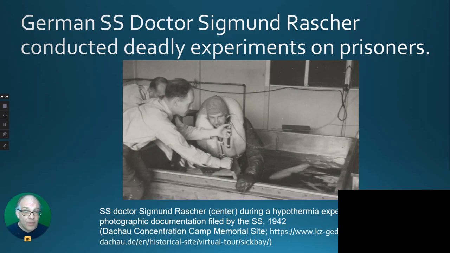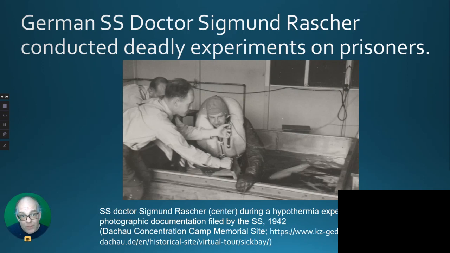But these were fatal experiments on prisoners. He did coagulation experiments, looking at blood clotting agents, in which he had prisoners shot and looked at the bleeding process and used concoctions in an effort to stem the bleeding.